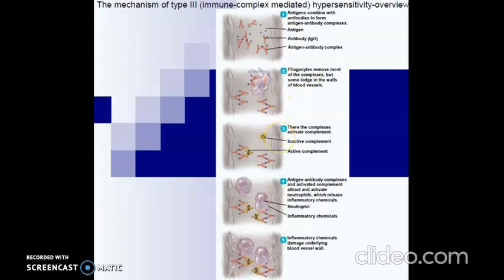Third, the complexes activate the complement, and then the antigen-antibody complexes and activated complement attract and activate neutrophils, which release inflammatory chemicals. And these inflammatory chemicals damage the underlying blood vessel wall.